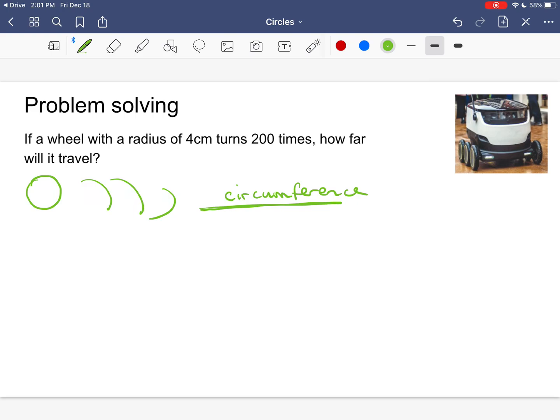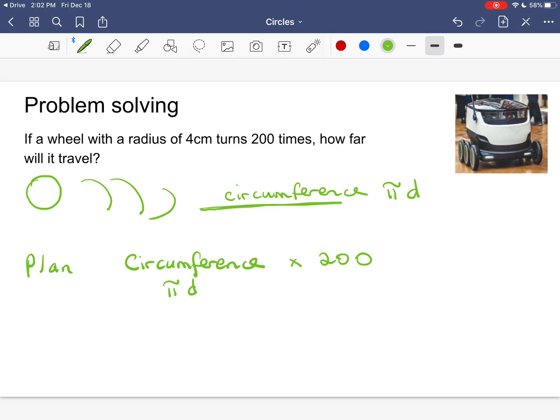And for circumference, I'm going to use the formula pi d. And my plan is I'll calculate the circumference of the wheel as if it turned one time, and then I'm going to multiply it by 200 for 200 times. So I have pi d.